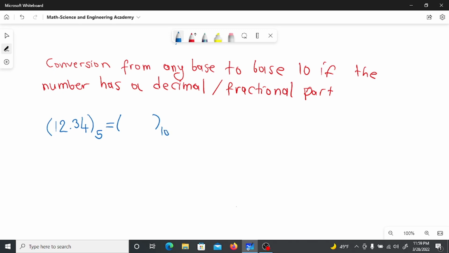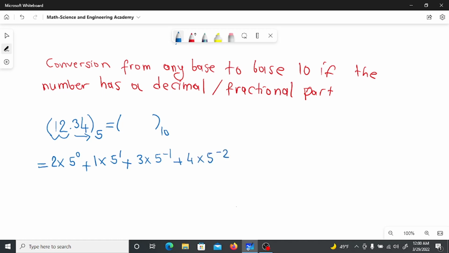We know how to do the whole part. Let's do it together. Starting from 2: 2 times 5 to the 0, plus the second number is 1, 1 times 5 to the 1, plus now we start from left to right for the fraction part: 3 times 5 to the minus 1, plus 4 times 5 to the minus 2.